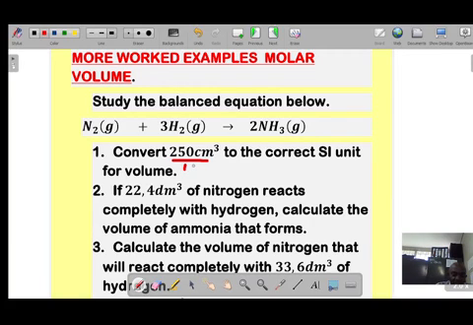Which answer do we get here? It's going to be 0,25. Now that's my decimeters cubed, or you can say these are liters.